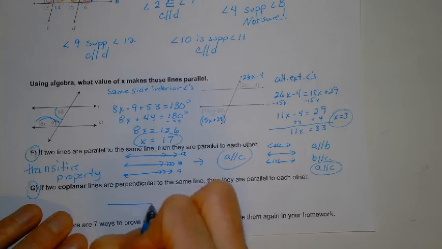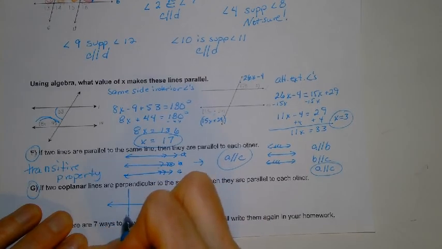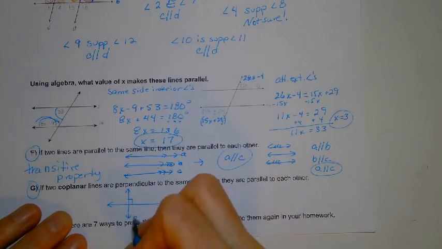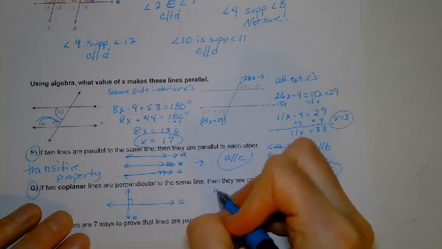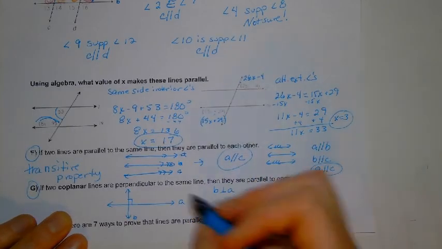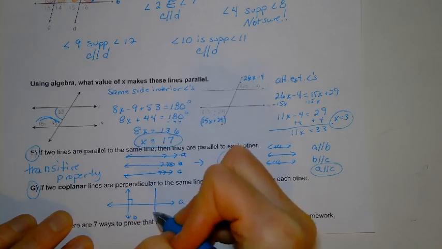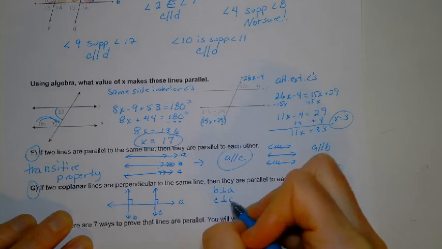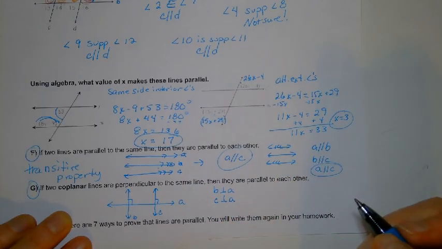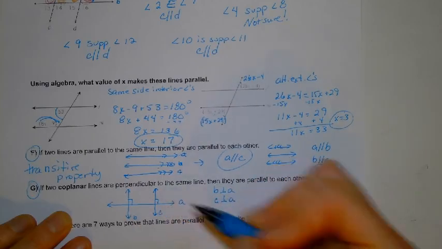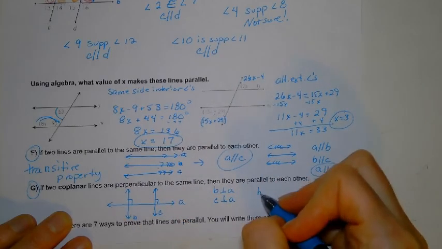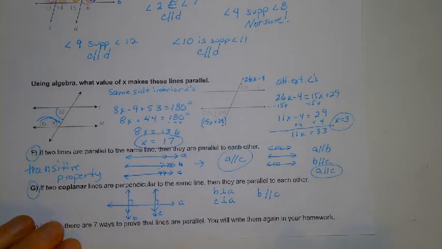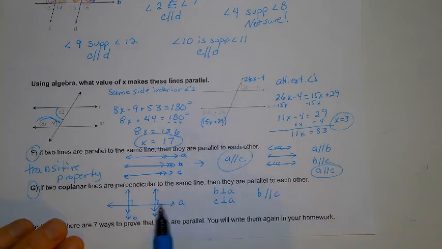Let's call this one A, let's call this one B. So B is perpendicular to A. Well, if we have another line that is also perpendicular to A, let's call it C, then it will be true that B is parallel to C. So these two lines will be parallel. Believe it or not, B and C are going to be parallel to each other.